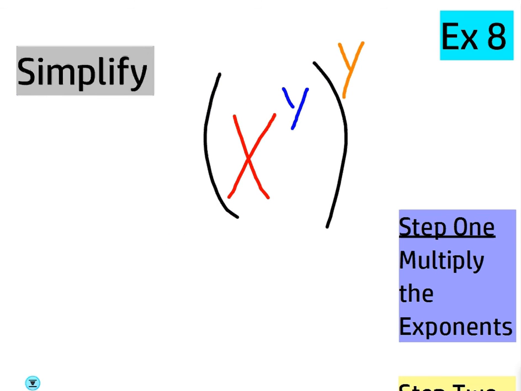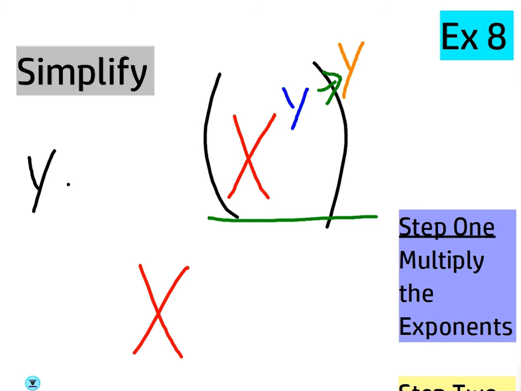We have x to the y to the y. So we're going to be multiplying y times y, because it's exponent to an exponent. Y squared, because 1 plus 1 is 2. Good. All right, let me break it down. It's y times y, right?